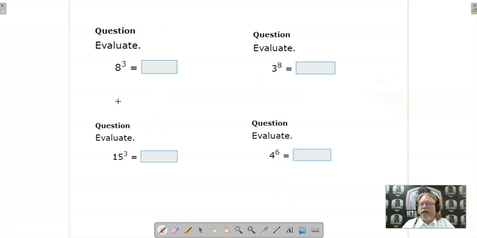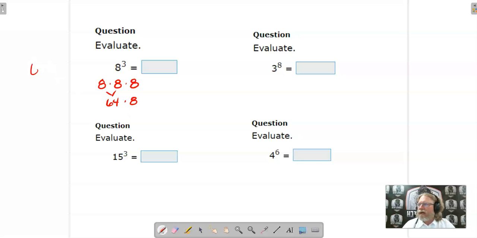So on the next one here, I have 8 to the third. 8 times 8 times 8, that's 8 to the third power. And 8 times 8 is 64. I still need to multiply this by 8 as well. I could break that apart and do some mental math: 8 times 60 and 8 times 4, and add those together.